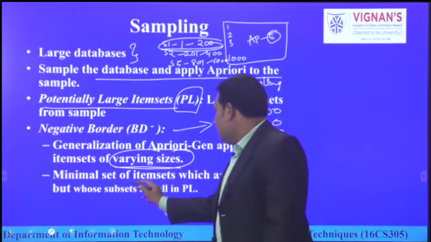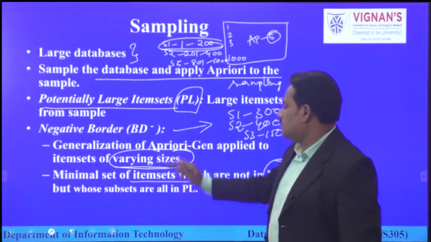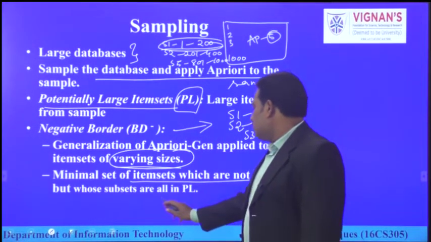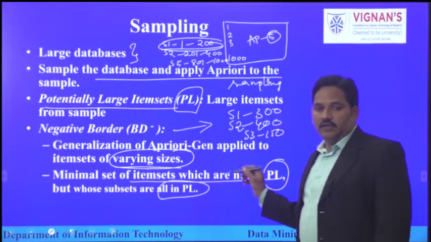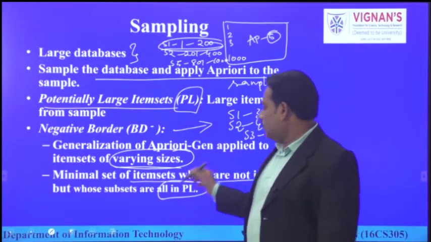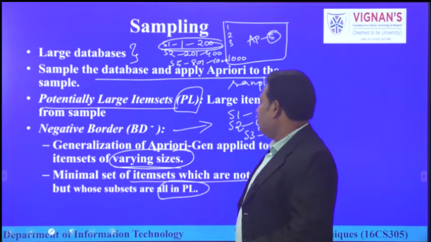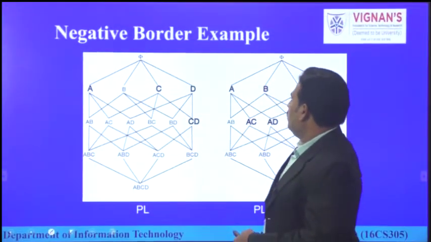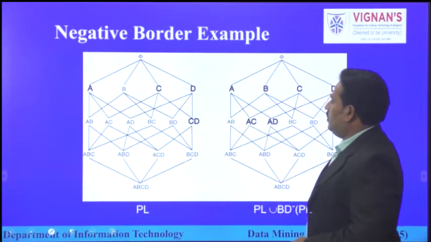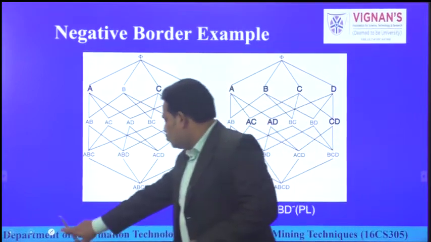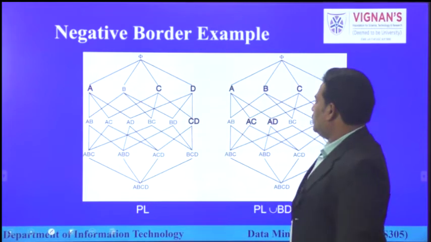And the minimal set of item sets which are not in PL, that is, which are not in potentially large item sets, but whose subsets are in PL. That means if any item set is not in a larger size, all of its subsets will definitely be in the potentially large set, that means repeated items. Now, this is the way of generating the border items and non-border items. If you look carefully at these two diagrams, the same lattice structure has been taken into consideration.